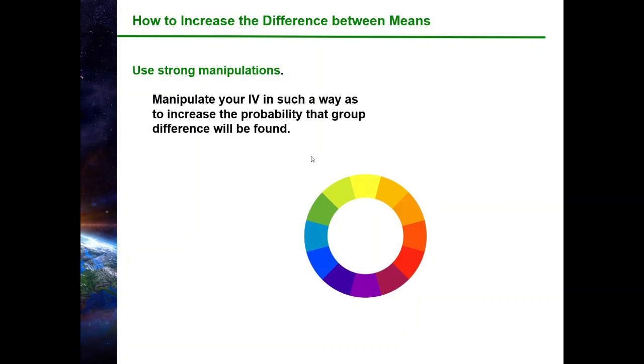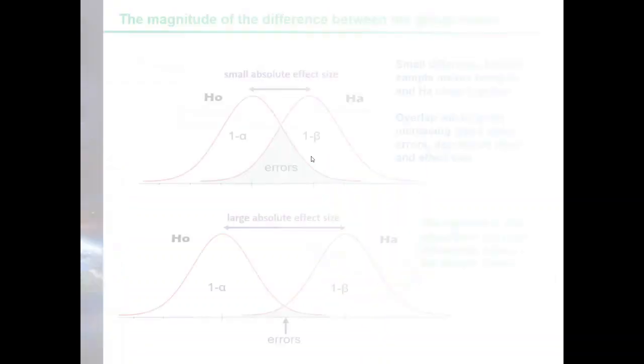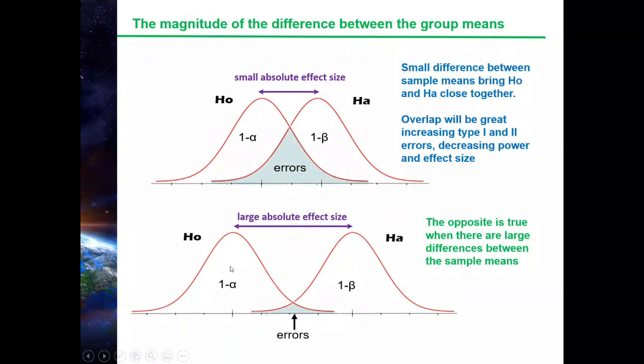You have a greater chance of getting means that are very different from each other, and that will increase the absolute effect size. And what did we learn about that? When you increase the absolute effect size, you spread apart H0 and HA, and you decrease the probability of an error and increase the probability of making a correct decision.